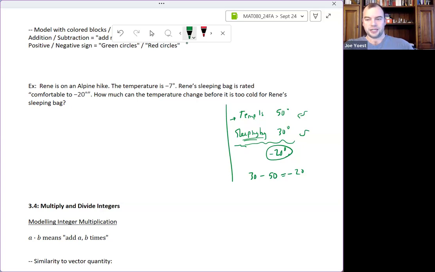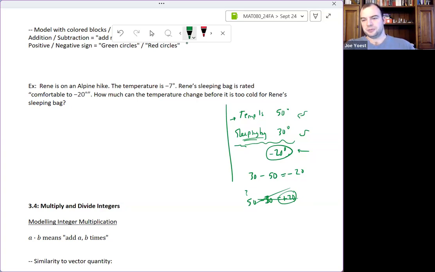I might have instead thought, should I do 50 minus 30? Should I do the temperature minus the sleeping bag? But that would give me positive 20, and that's not the answer I know I'm looking for. I know that I want to say the temperature could decrease by 20 degrees before it gets too cold for the sleeping bag.